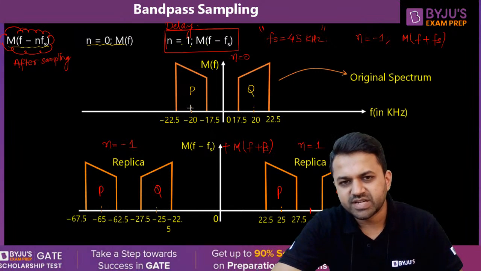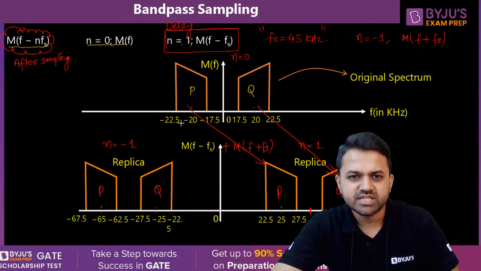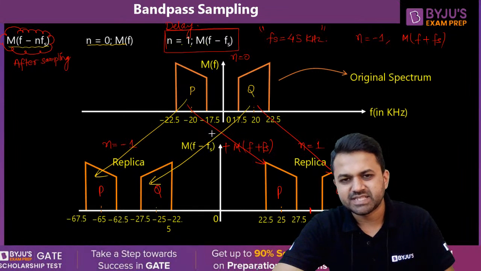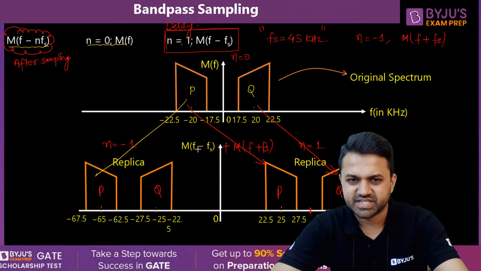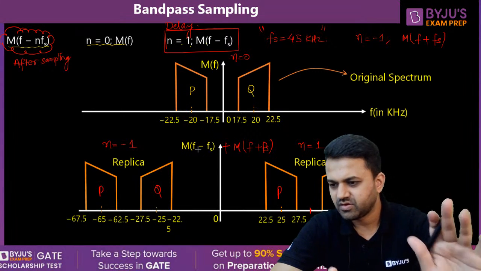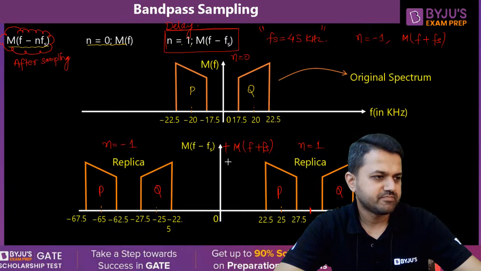When you shift towards the right, this will be shifted towards the right, and when you shift towards the left, this is shifted towards the left. So advance operation means left shift and delay operation means right shift. Okay.